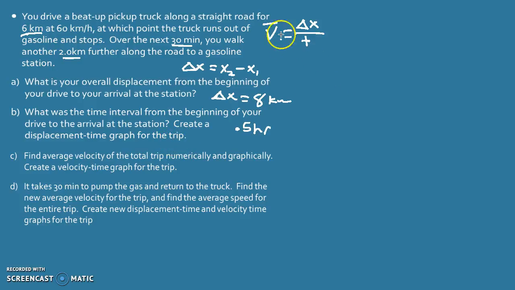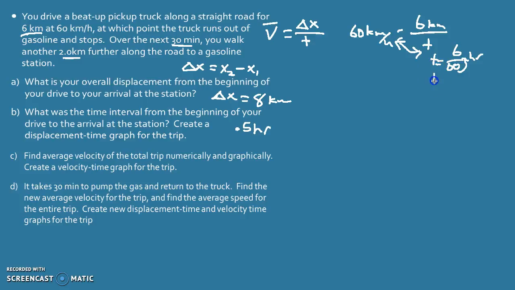So this is an opportunity that we can use this equation, we can manipulate it. If we know that our average velocity was 60 kilometers per hour, we can replace v with that. We know that our displacement is 6 kilometers, so we can solve this for t. The way that we can do this is we can swap these to make it t equals 6 over 60, and the hours will go up to the top.